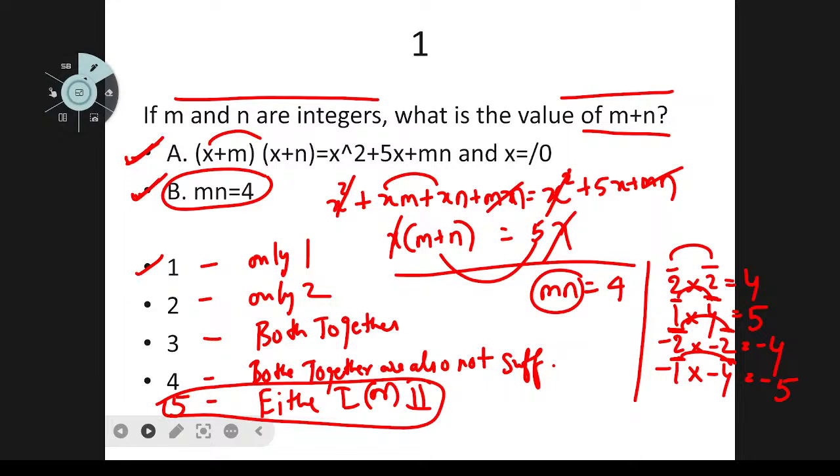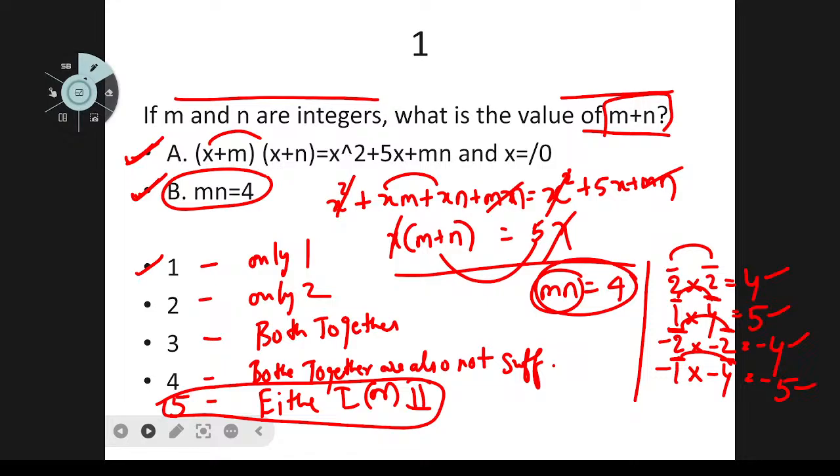So according to this statement, what is the value of the sum of m and n? That can be 4, 5, minus 4, or minus 5. Did I get the answer? I did not get the answer. I got so many options. It can be anything out of those, so that cannot be considered as the answer.